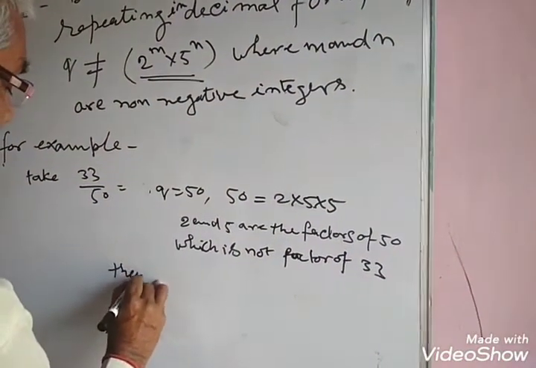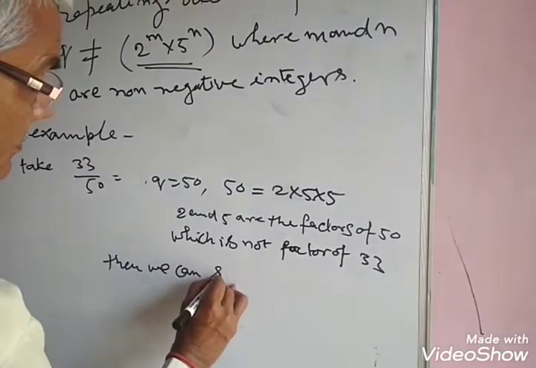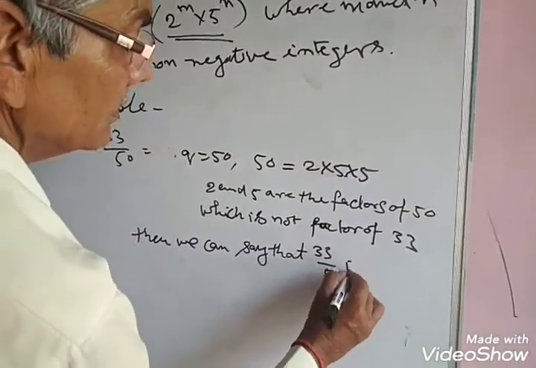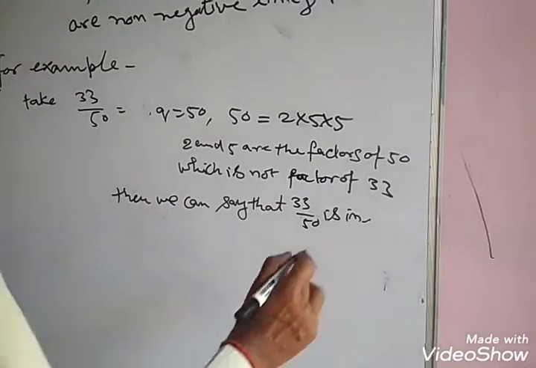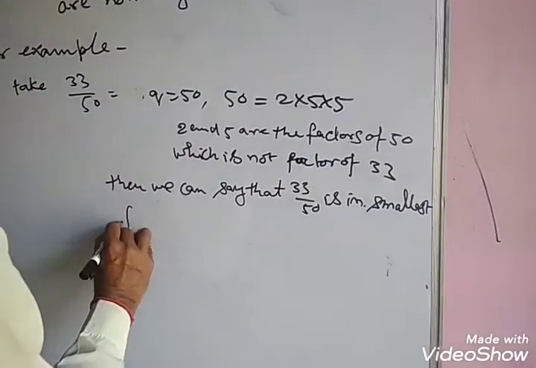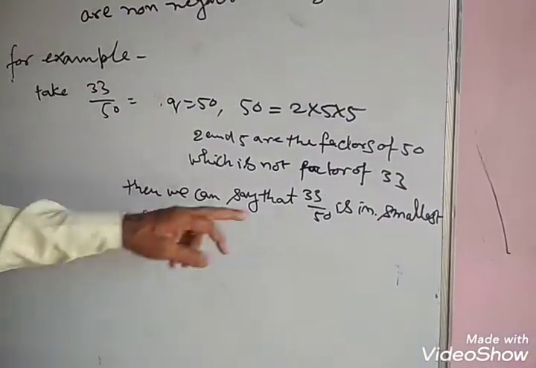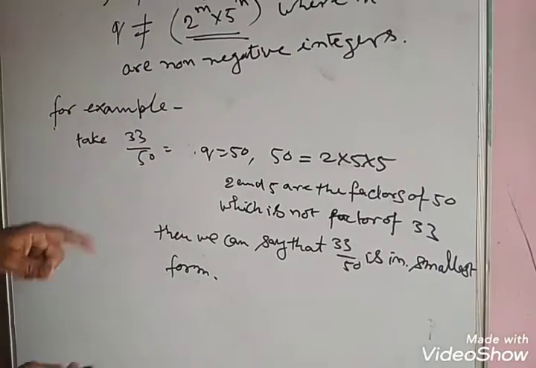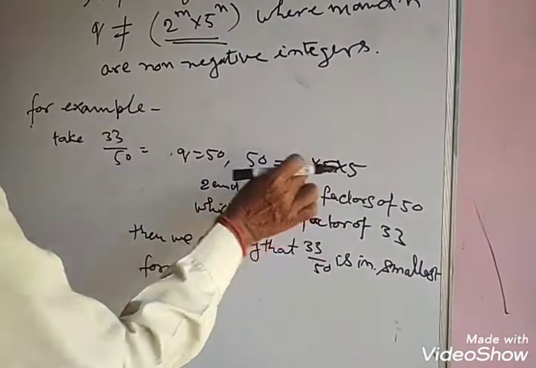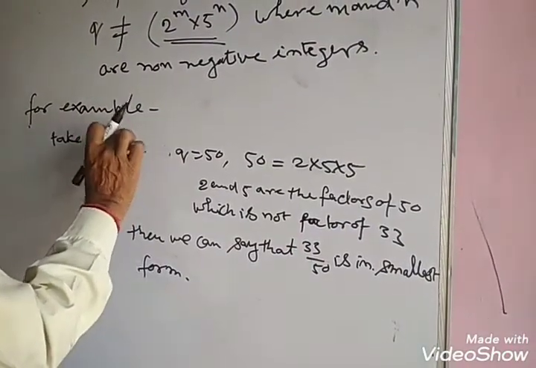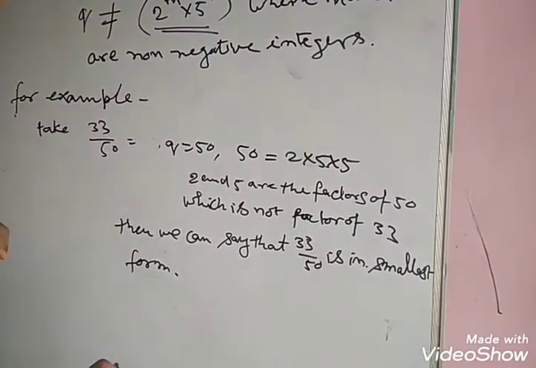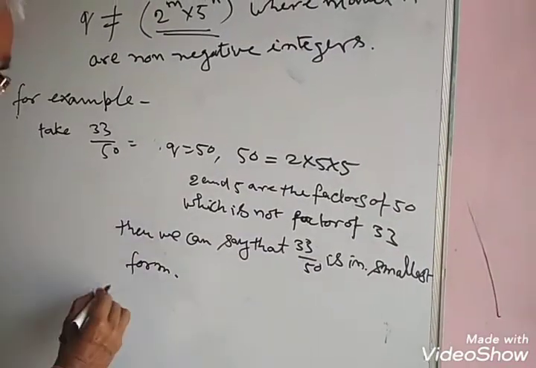Then we can say that 33 by 50 is in smallest form. It is necessary that the factors of the denominator must not be factors of the numerator.